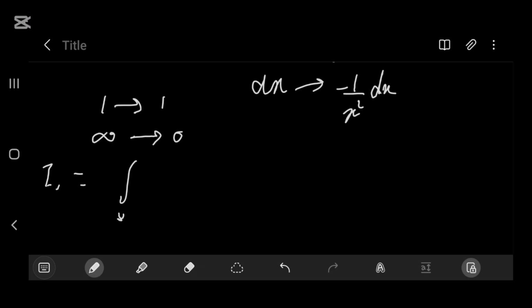So I1 equals the integral from 0 to 1, and the minus sign changes the boundary, so don't worry about that.